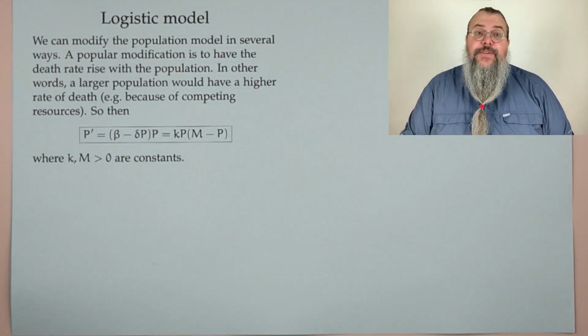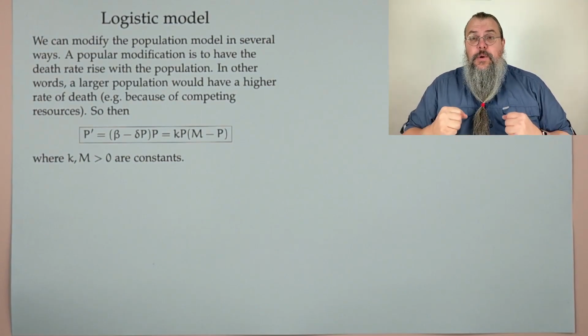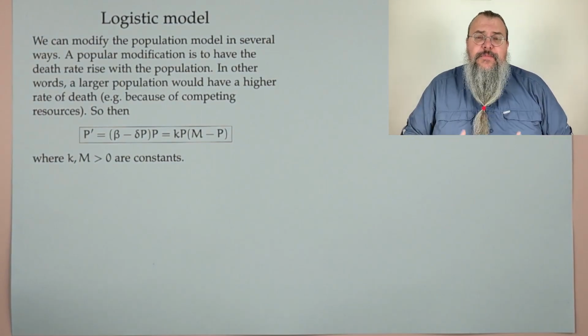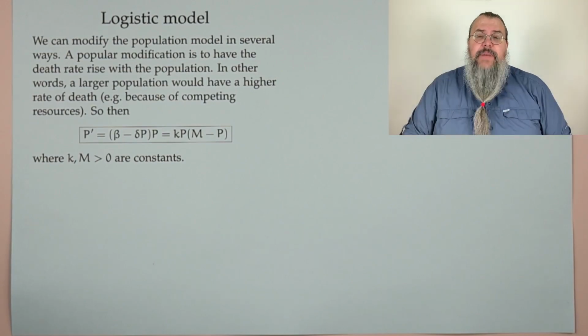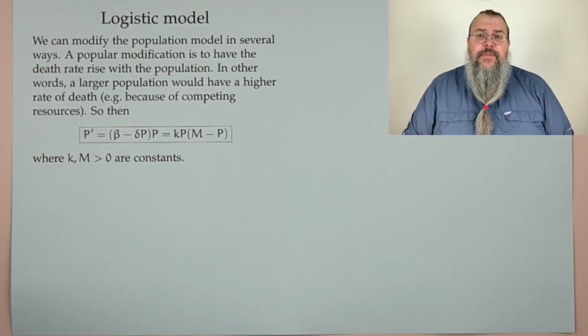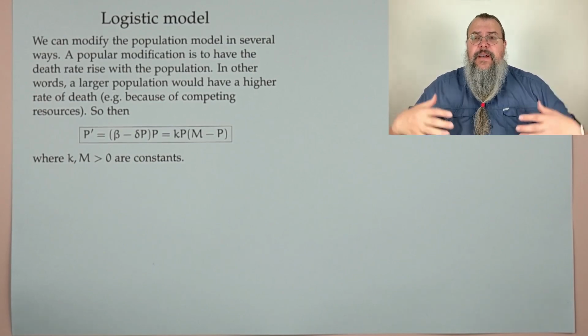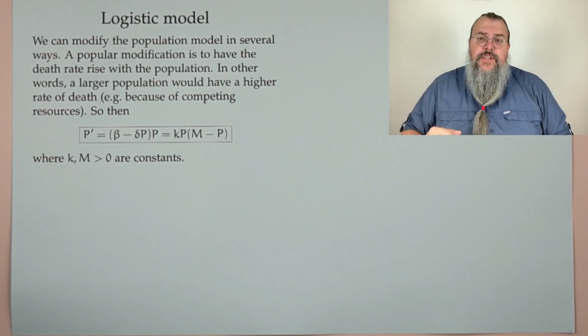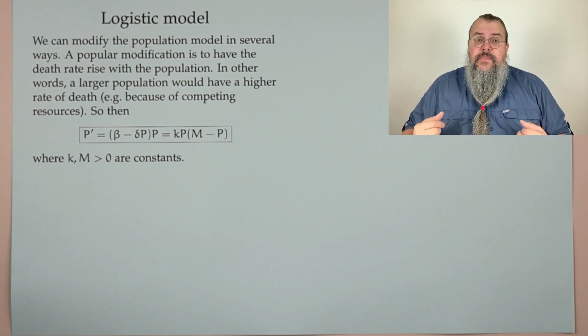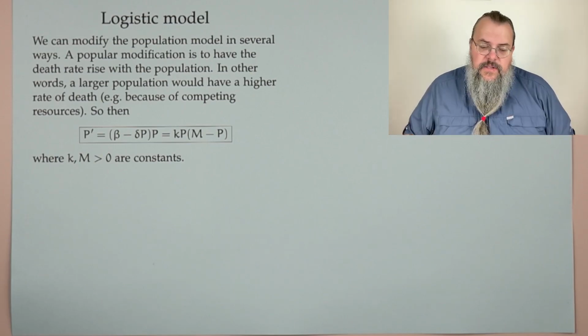So this brings us to the logistic model. We mentioned that in some cases the exponential model is a little bit unrealistic because it keeps growing unboundedly. And that's not how most things behave. Somehow, as you get larger, there should be some negative downward pressures on your growth. And so here's another model.